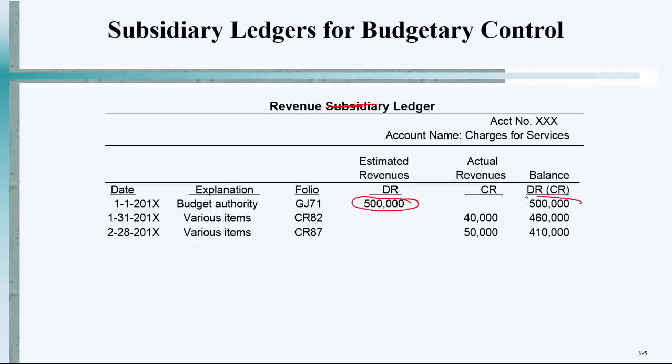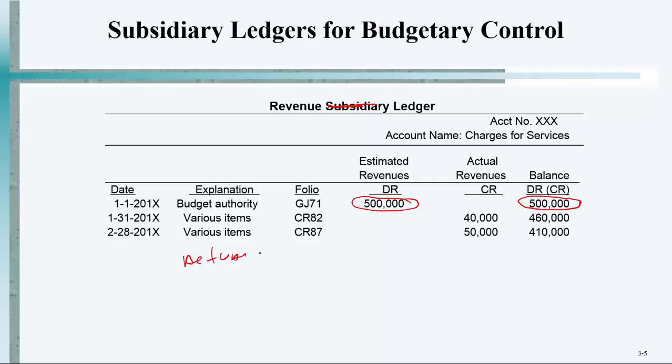And when I debited estimated revenue, I ended up with a debit balance sitting there, 500,000, obviously, right? So I took that whole budgetary entry, and now I'm just putting in my revenues ledger the revenue debit part. Then I have actual revenue.